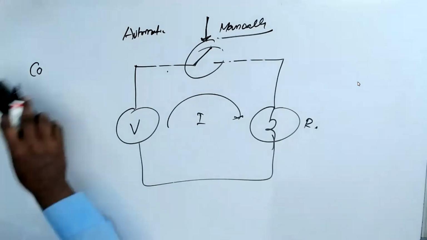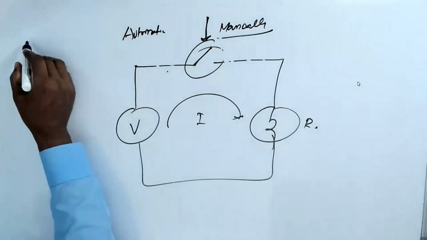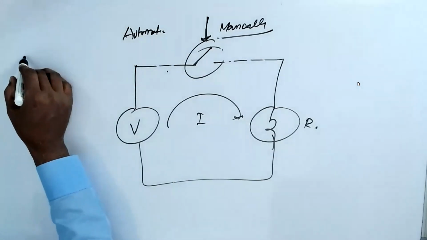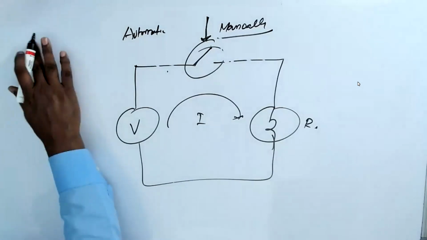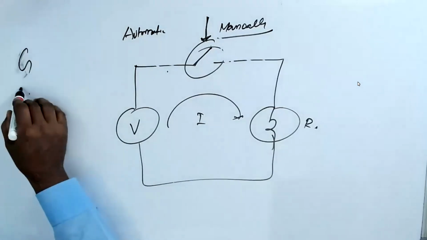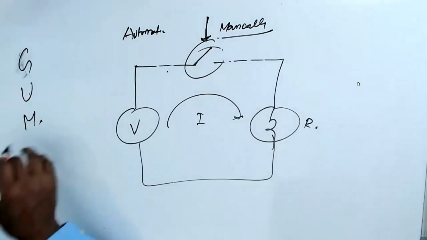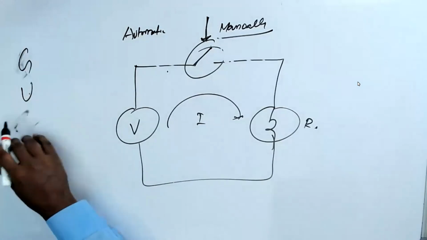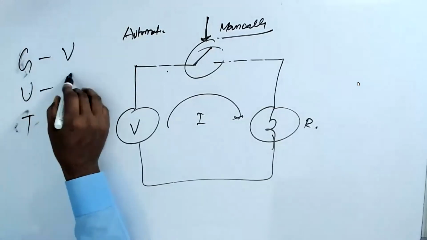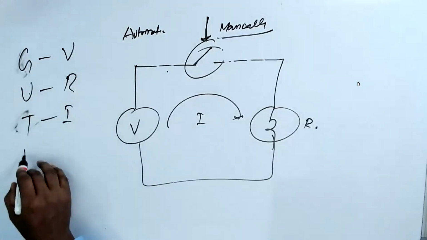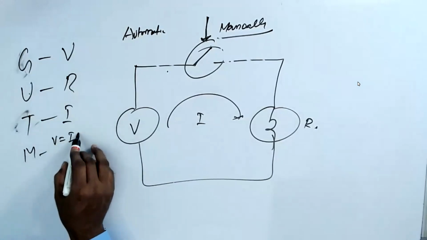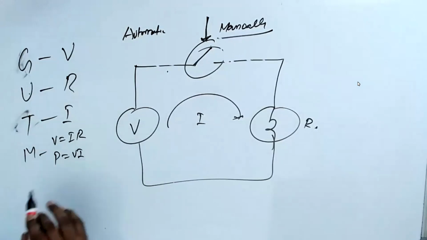So we discussed about 5 in the electronics. One is electrical, one is voltage, generation, utilization, measurement, transmission, V, R, I. Then measurement, V is equal to IR, P is equal to VI. Then came control.